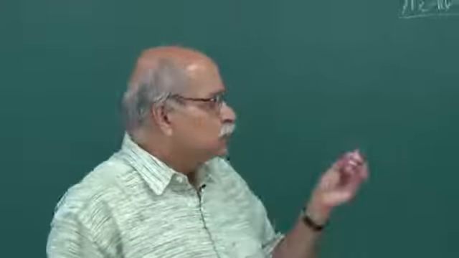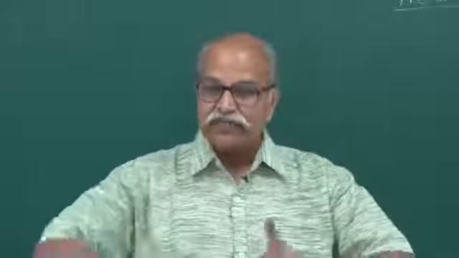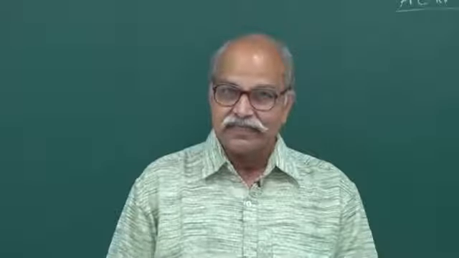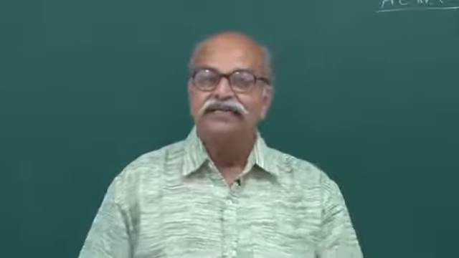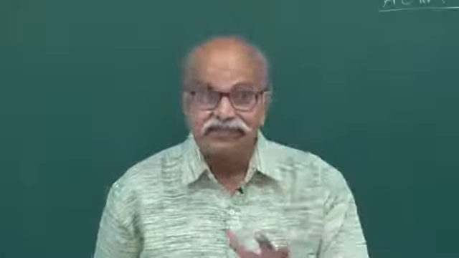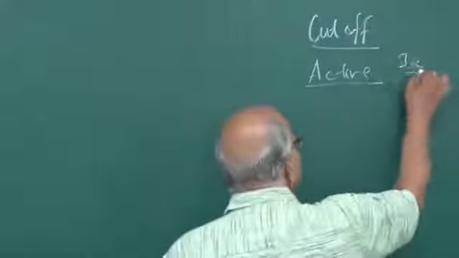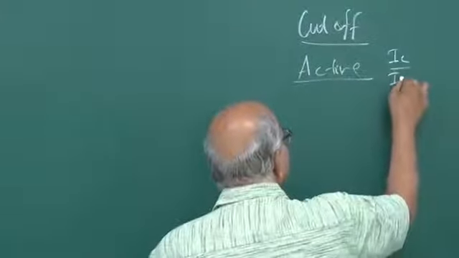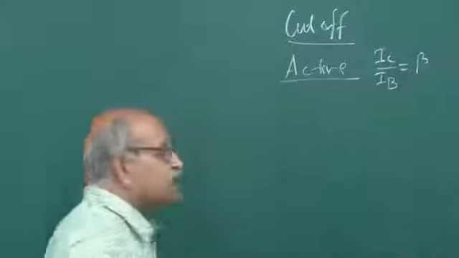So, if you increase this IB a little bit and more electrons are there in the base, the collector is ready to take them also, and hence that ratio IC by IB equal to beta is maintained. So, that is the active region in which IC over IB is beta and it is maintained whatever.